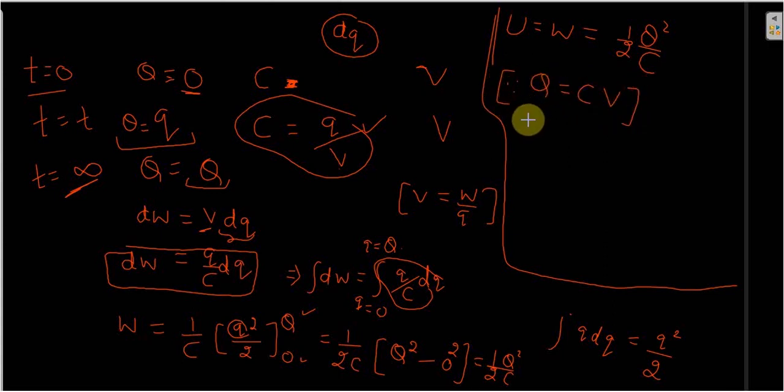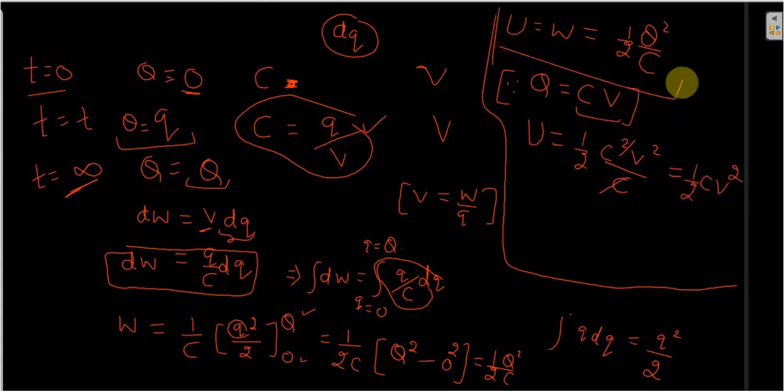Substitute the value of Q. What will you get? Half C square V square by C. So you will get half CV square. This is the second expression. This was the first expression. This one is the second expression.